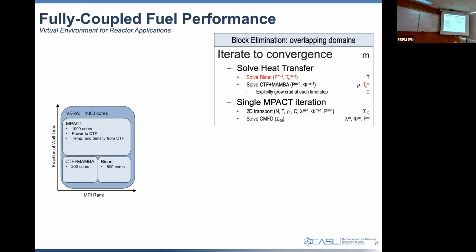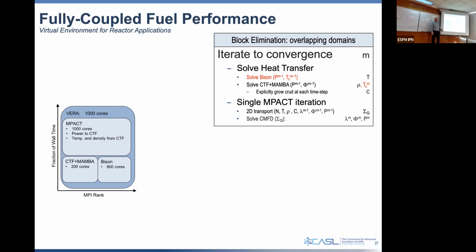But if we wanted to do fully coupled, we're going to try to still do it in the same block elimination approach. In the ideal world, we had 800 processors that were doing nothing, just sitting idle whenever CTF was running.